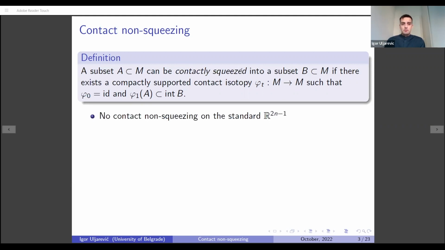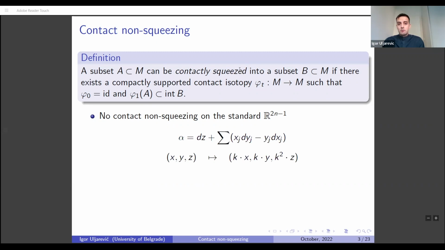The most basic examples do not promise much as far as size and contact geometry are concerned. There does not exist any non-trivial non-squeezing on the standard R^{2n-1}. This is because on R^{2n-1}, there exists a homothety-like family of contactomorphisms that can squeeze any bounded set into any neighborhood of 0.